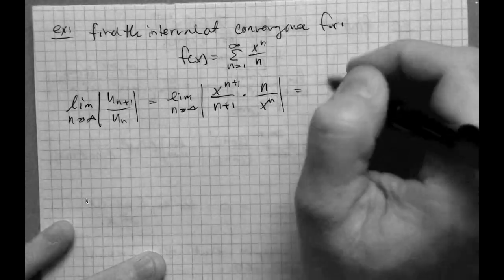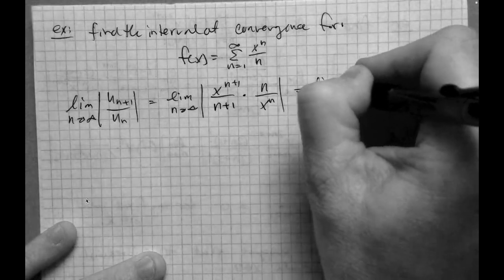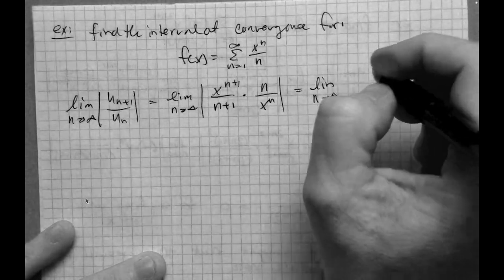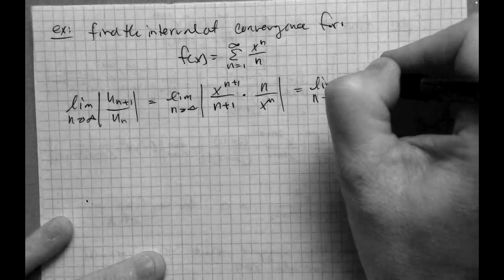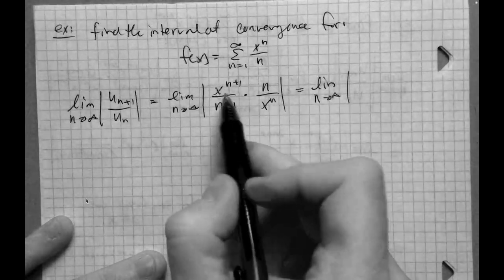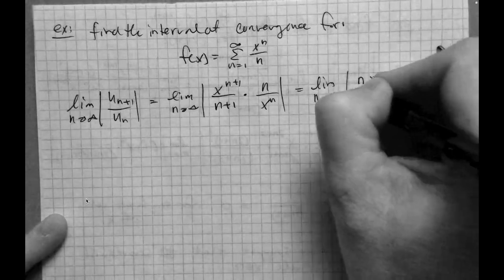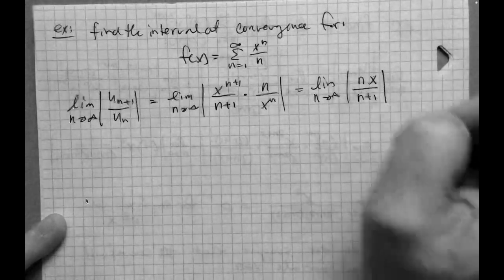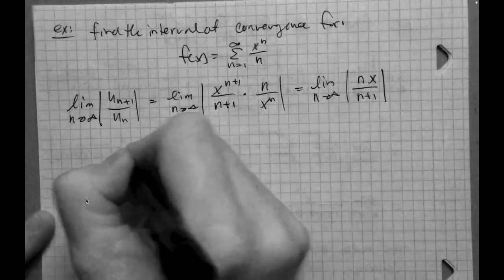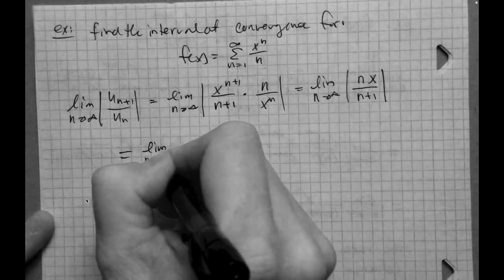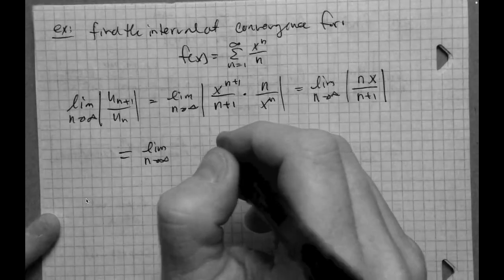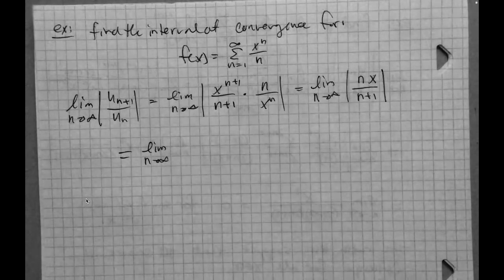Okay, and so that means we've got the limit as n goes to infinity of, so basically here you've got x to the n plus 1 over x to the n, so this would be n times x over n plus 1. Okay, and so that's equal to the limit as n goes to infinity of, and now what we can do here is divide everything by n.